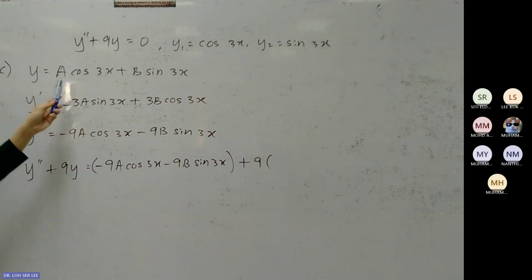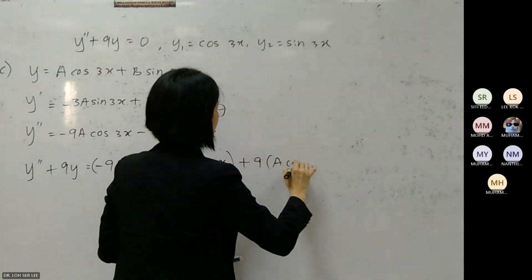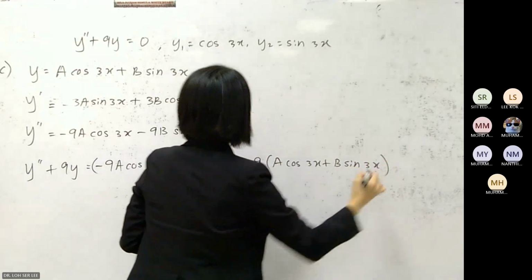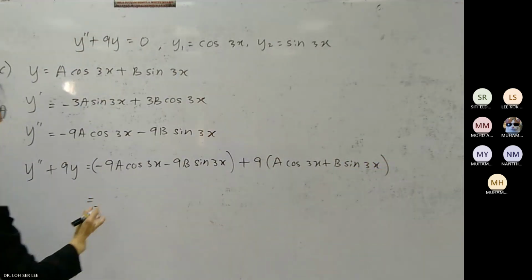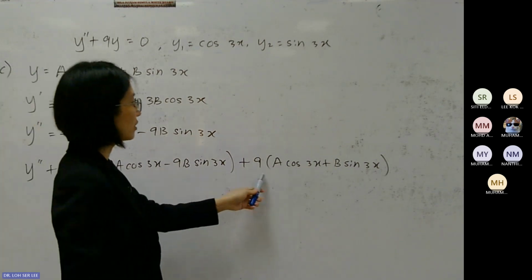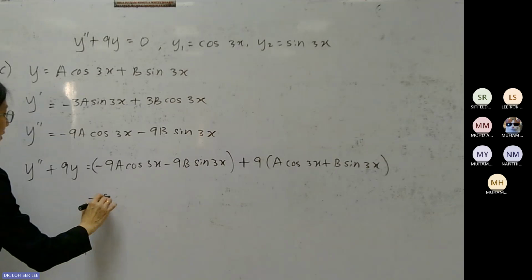Negative 9a, positive 9a with cos, then negative 9b and positive 9b with sine, get 0.